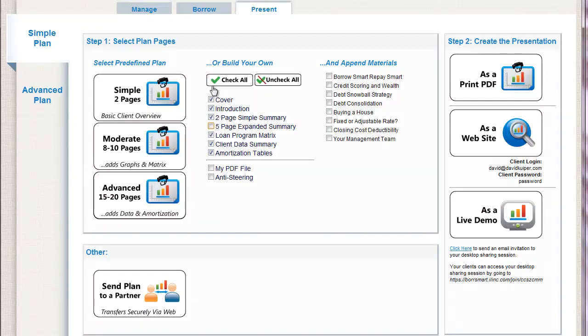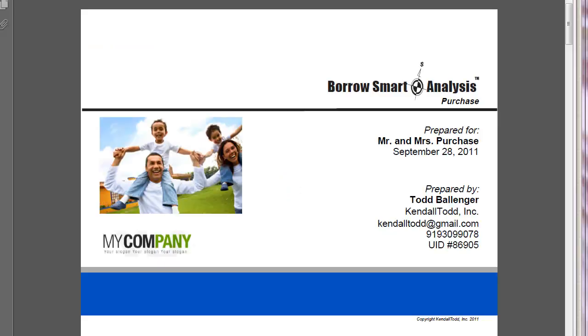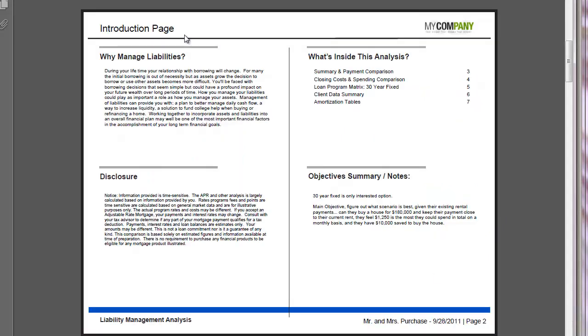If I were to go with a full plan, but choose the 2-page option instead of the 5, let's take a look and see what that would look like. To generate that plan, I simply click Print as a PDF. And here we go. Okay, so I did a simple plan. You can see it's 8 pages long. And here's my cover page. Here's my introduction page.